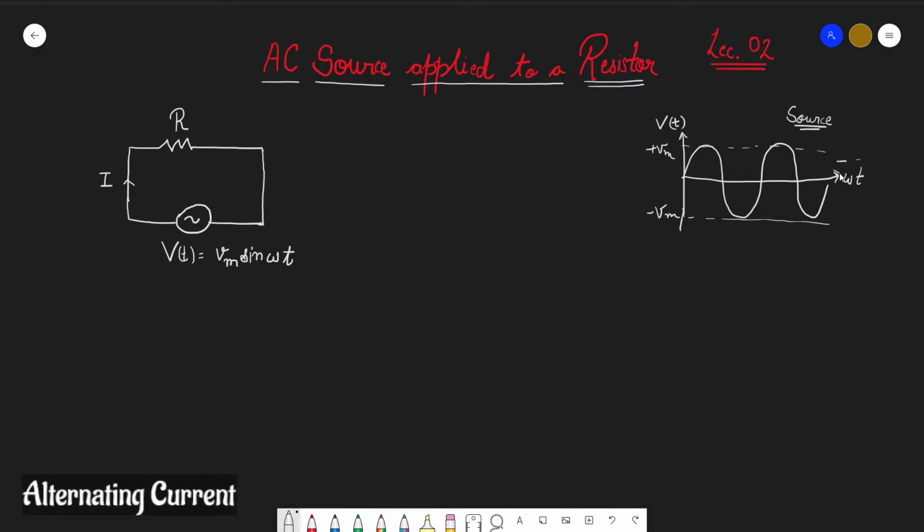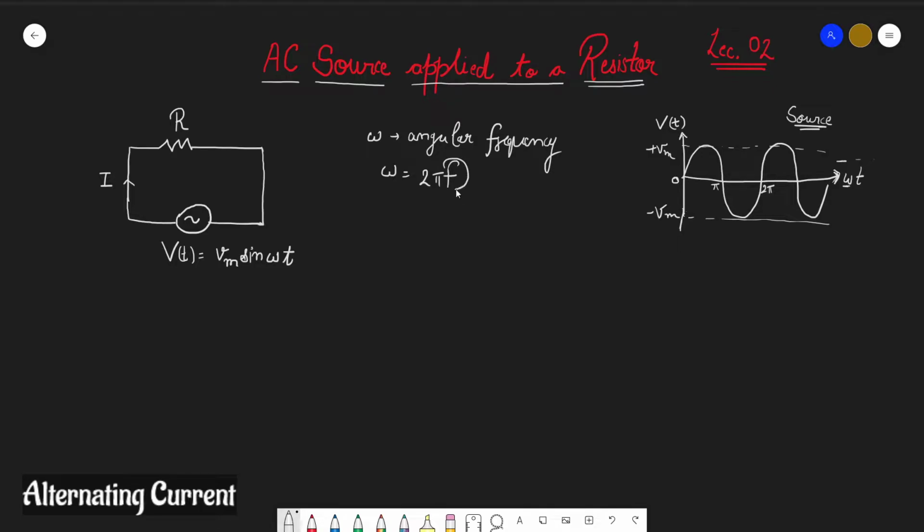I am taking omega t as a reference axis, so the time axis is converted into angles. This will be 0, this is pi by 2, this is pi, 3 pi by 2, and this is 2 pi. I converted time into angles by multiplying it by omega, the angular frequency, which is equal to 2 pi f.